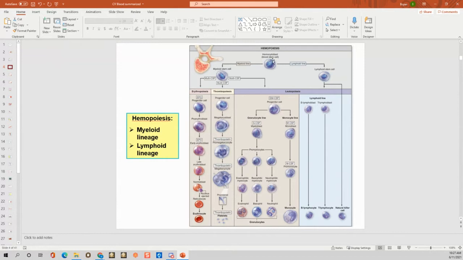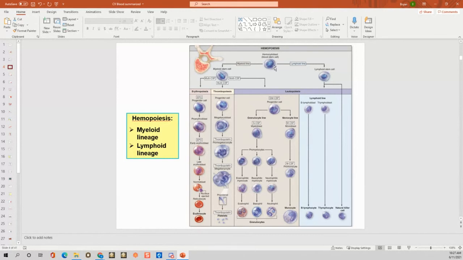So the body is going to go through a process called hemopoiesis. Hemo meaning blood, poiesis meaning to grow or generate, kind of like a genesis kind of word. Hemopoiesis all starts with a single stem cell line called a hemocytoblast, otherwise known as a pluripotent hematopoietic stem cell.